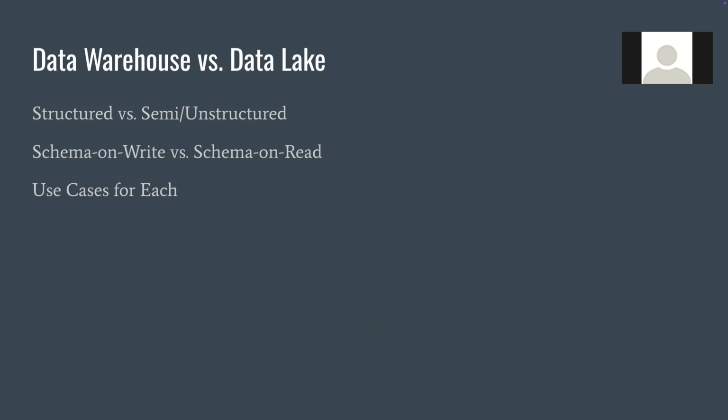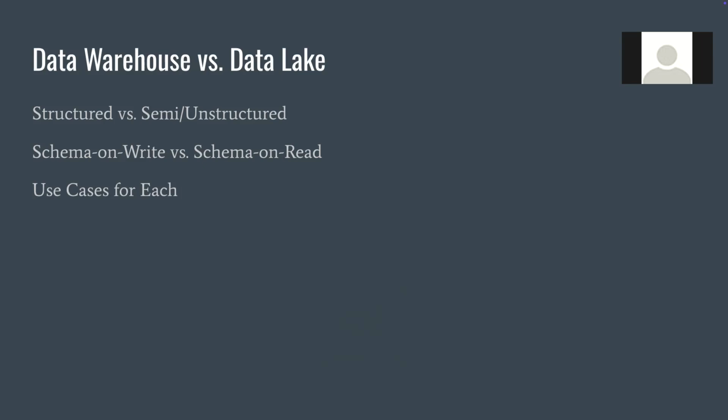While data warehouses impose a defined schema upon data as it enters, data lakes allow you to store raw data first, defining schema later. So that's the two difference. Data warehouses, their schema on write, data lakes, their schema on read.